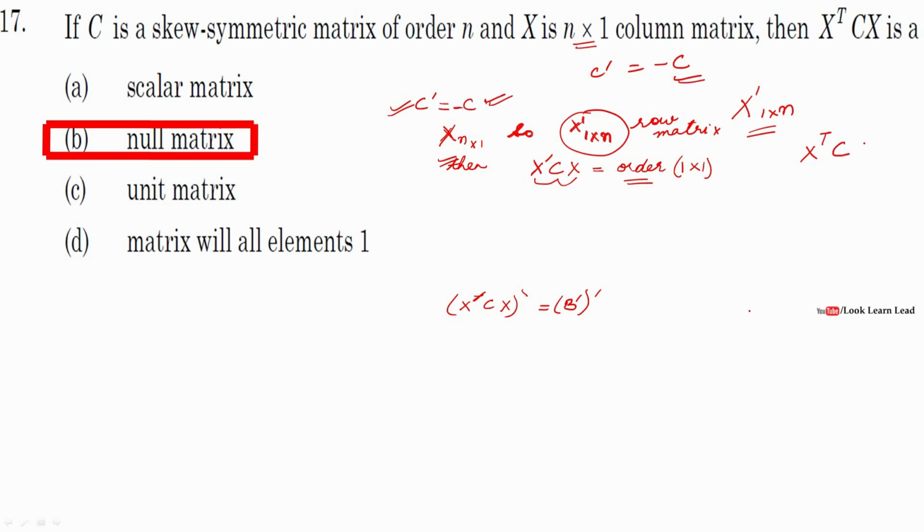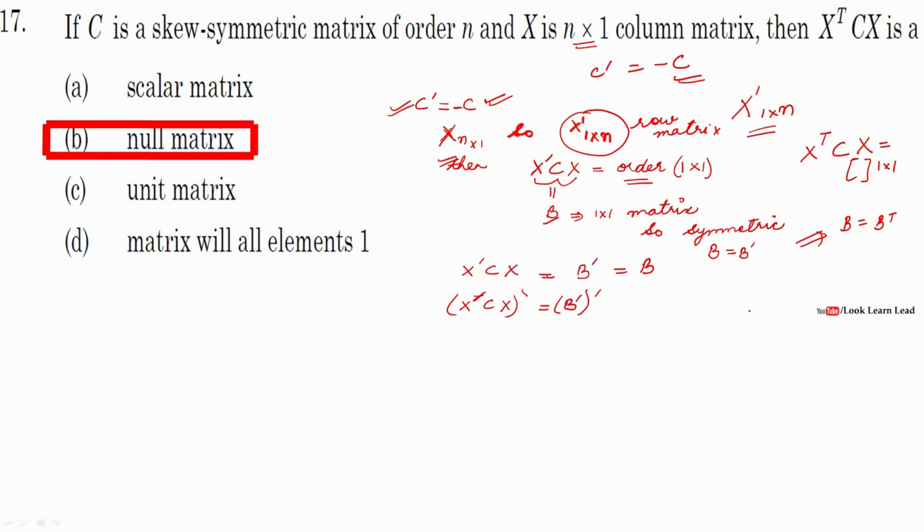Now, let this X transpose C X be equal to B. So B is a 1 cross 1 matrix, and a 1 cross 1 matrix would be symmetric. If a matrix is symmetric, then B is equal to B dash, B is equal to B transpose. We can write it like this.